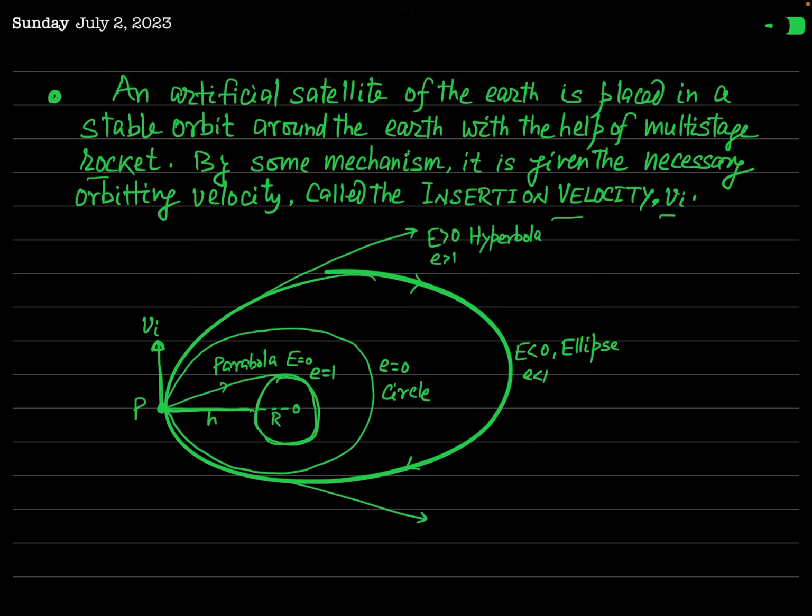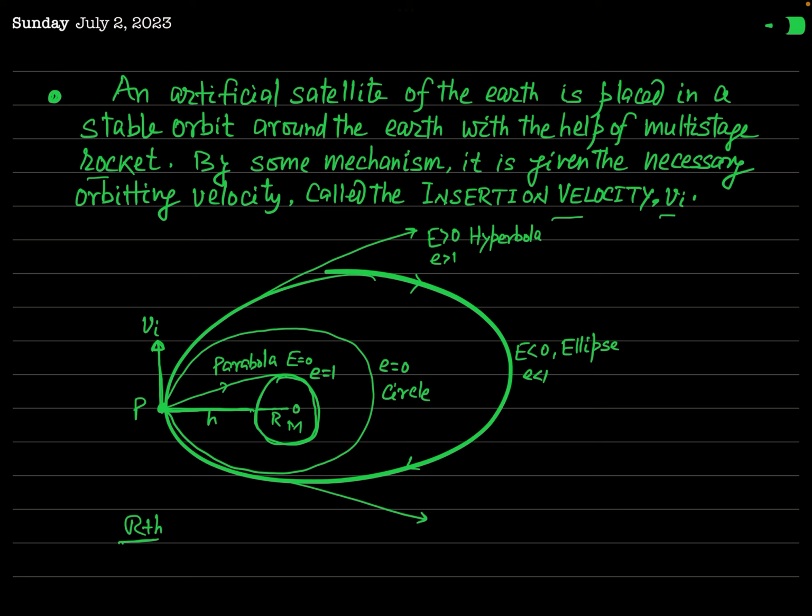Now you can see, if capital R is the radius of the Earth, then from the center of the Earth, the distance of point P from where the satellite will be projected is R plus h. So you have to find the total energy of this satellite when it is located at a distance R plus h from the center of the Earth. When you say total energy, that means the kinetic energy and potential energy of the satellite.